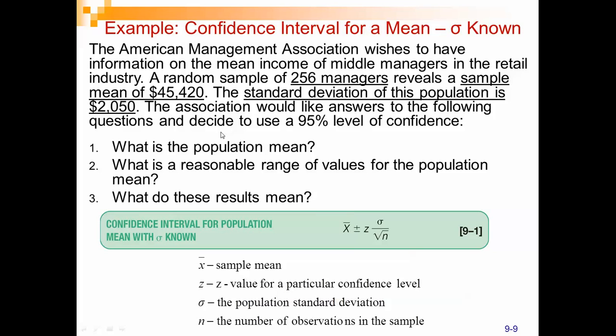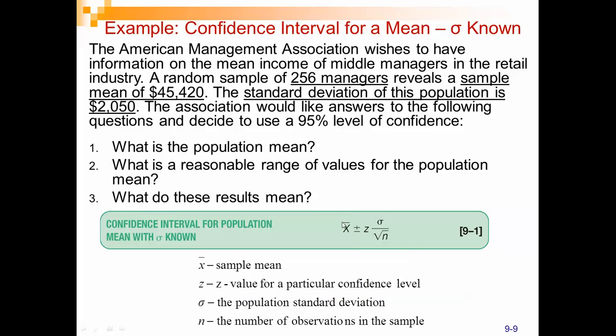The association would like answers to the following questions and decides to use a 95% level of confidence. And I've highlighted the pertinent information for you by underlining here. And the questions they want to find the answers to are: what is the population mean? What is the reasonable range of values for the population mean? And what do these results mean?